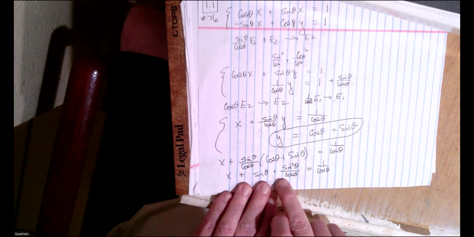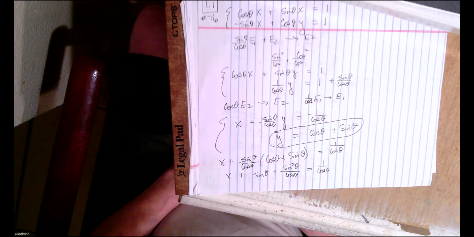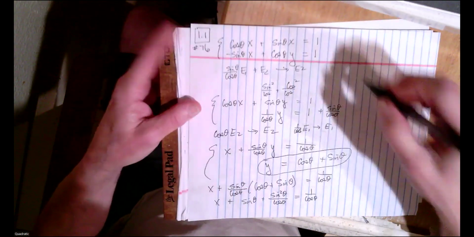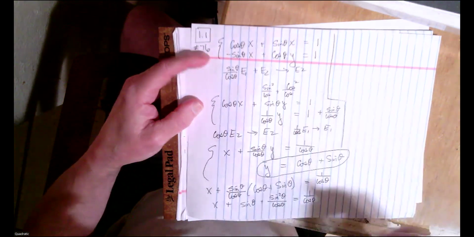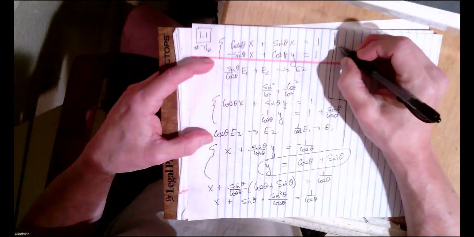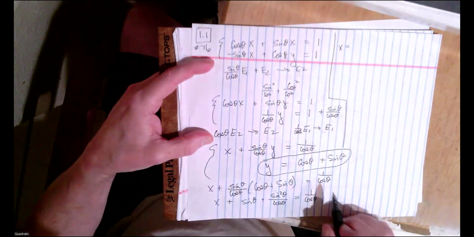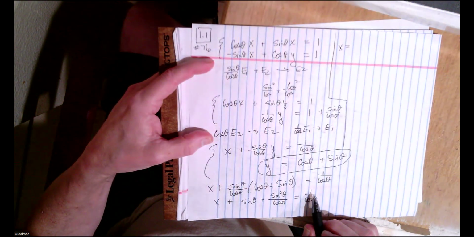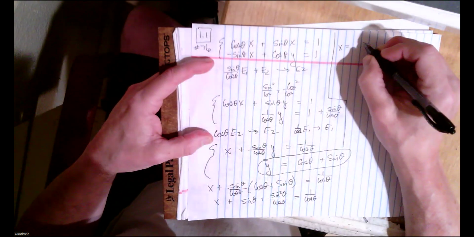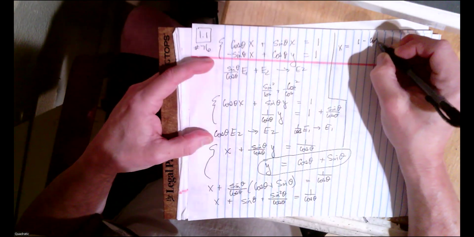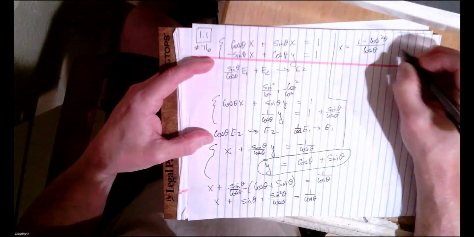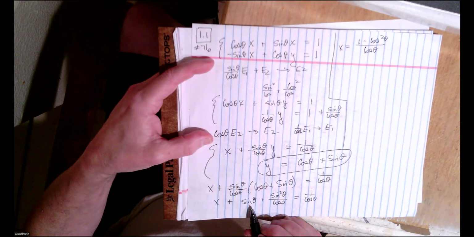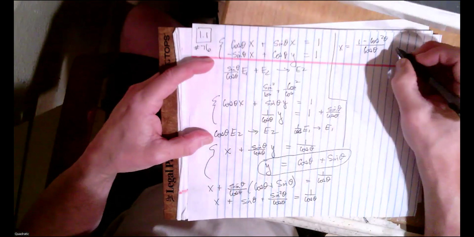And now I'm just going to bring everything over to the other side. So I'm going to say x is equal to 1 minus sine squared theta over cosine theta, and then minus, when I bring this to the other side, minus sine theta.